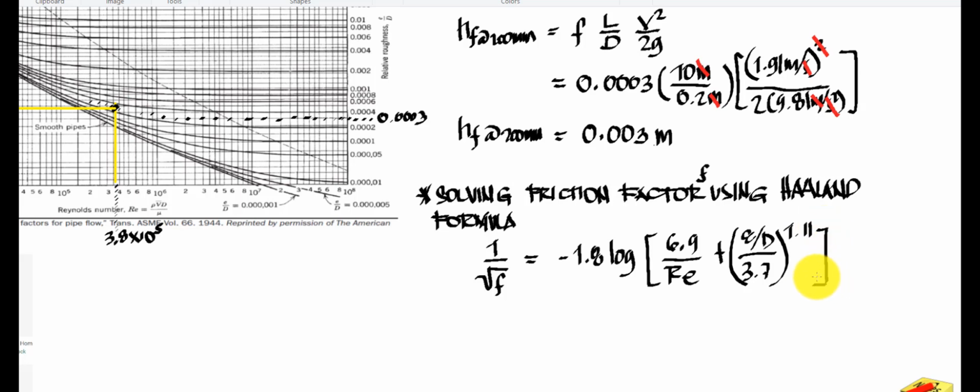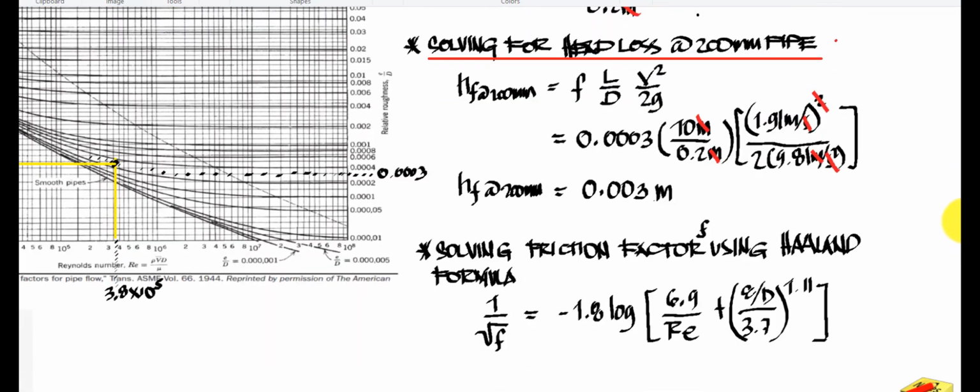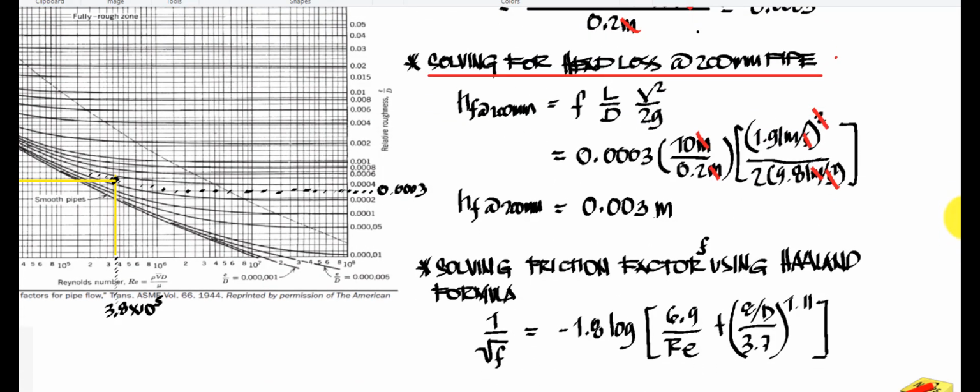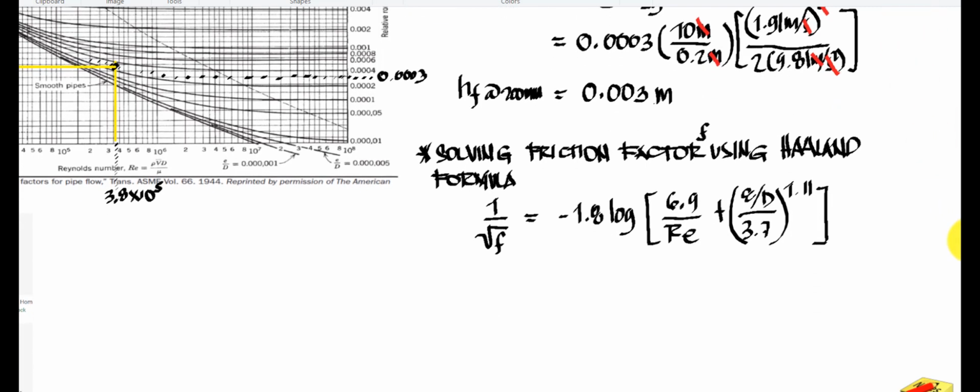Let's try to use this to get the value of the friction factor and see whether the result is the same. Usually this formula varies by 2% from the value. Now I'm substituting the values here.